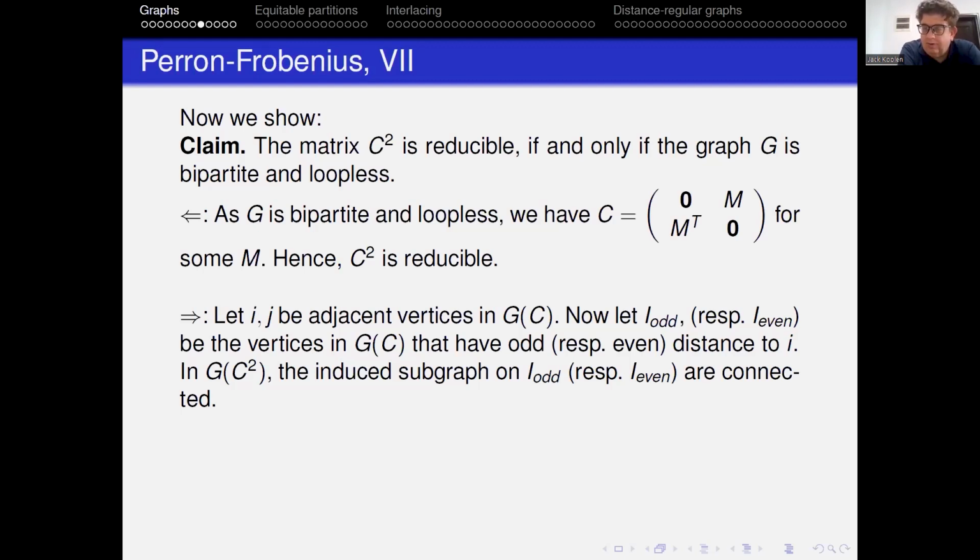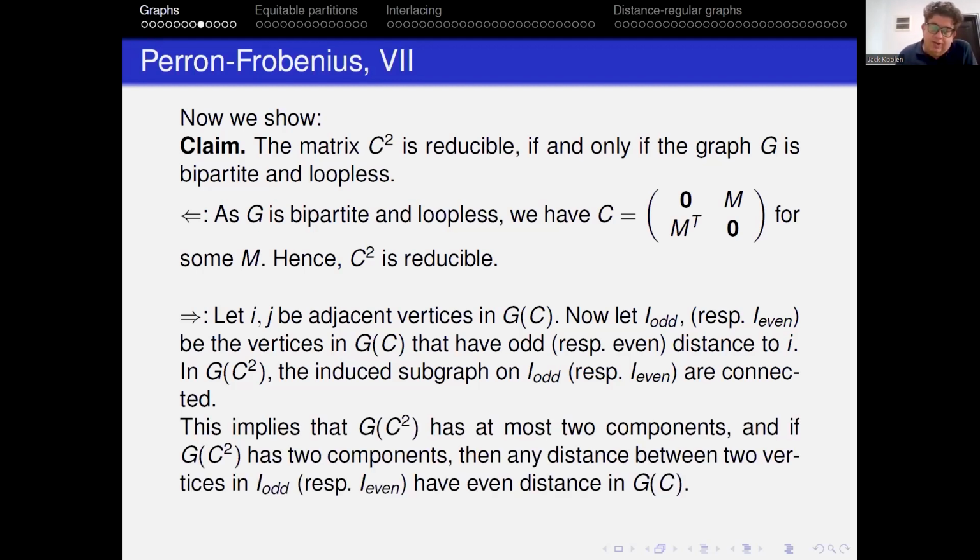So an odd vertex goes to another odd vertex if they have distance 2; you can only go by distance 2 from one to the other. And then you see that it must cover all the vertices, because you can go by induction, and likewise for the even ones. So that means that C squared has at most 2 components.